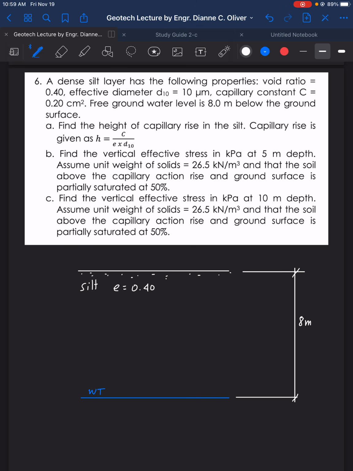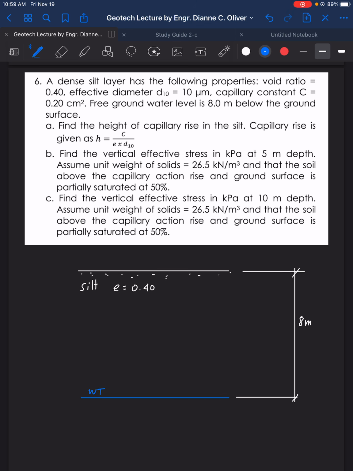For letter A, find the height of capillary rise in the silt. Capillary rise is given as H is equal to C over e times D sub 10. Letter B, find the vertical effective stress in kilopascal at 5 meters depth.